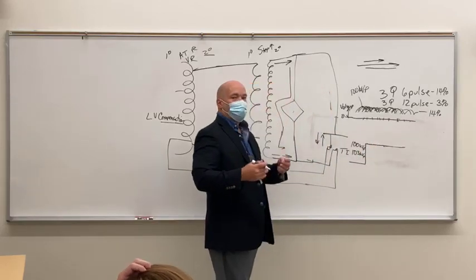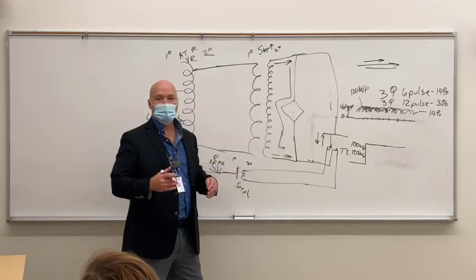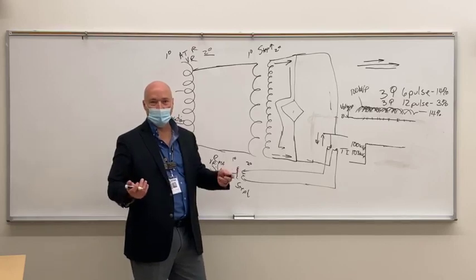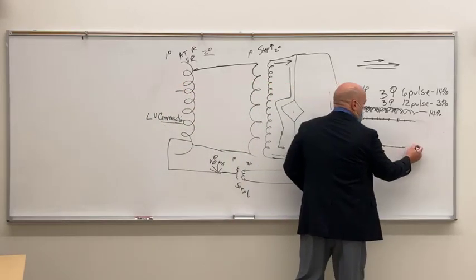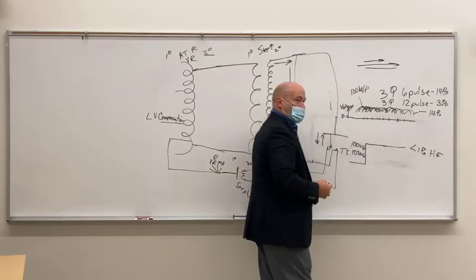So you've got really, really close to a constant potential. So your kVp is almost constant throughout your exposure. Is there a little bit of a ripple? Yeah, there is. But it's less than 1% on a high frequency system.